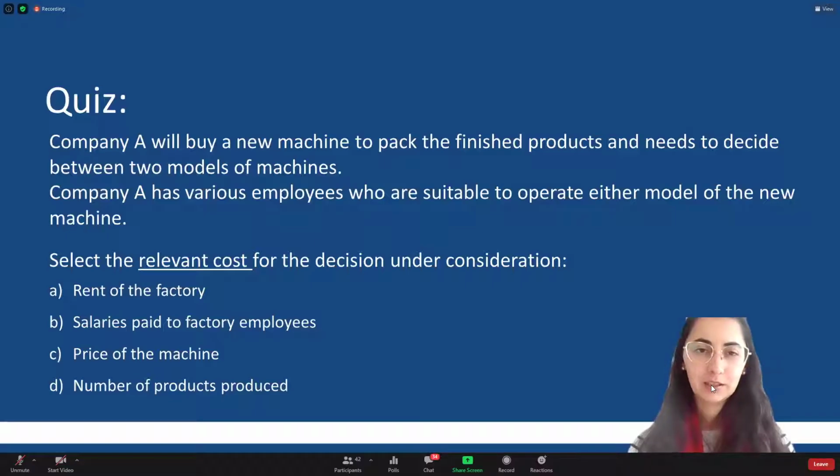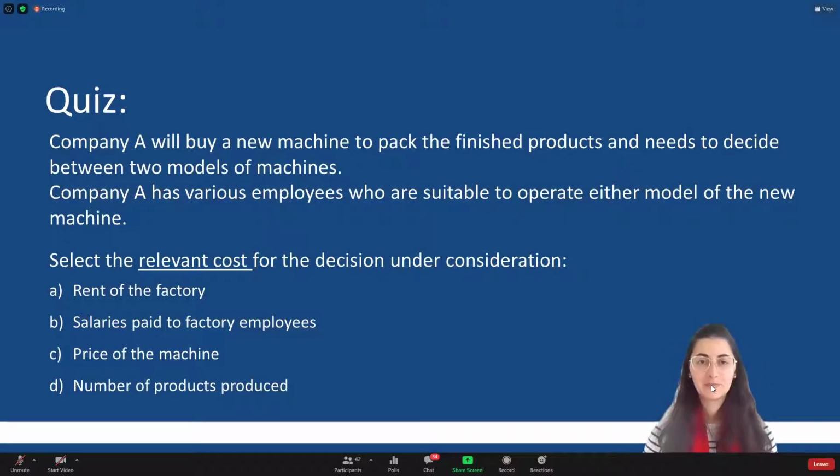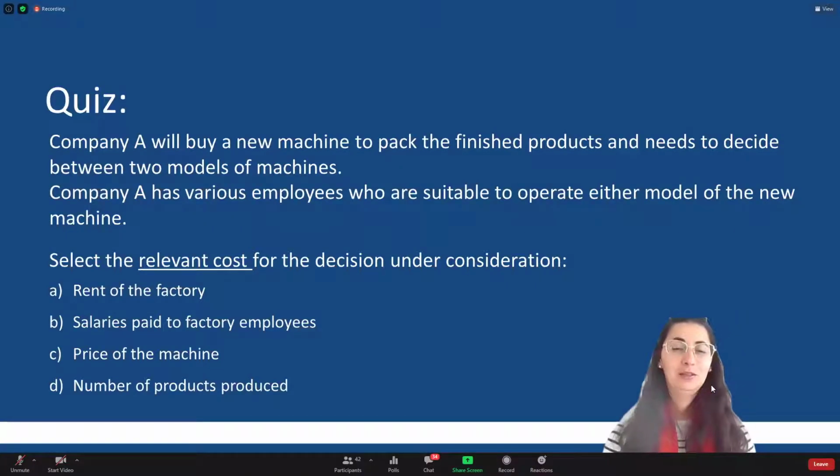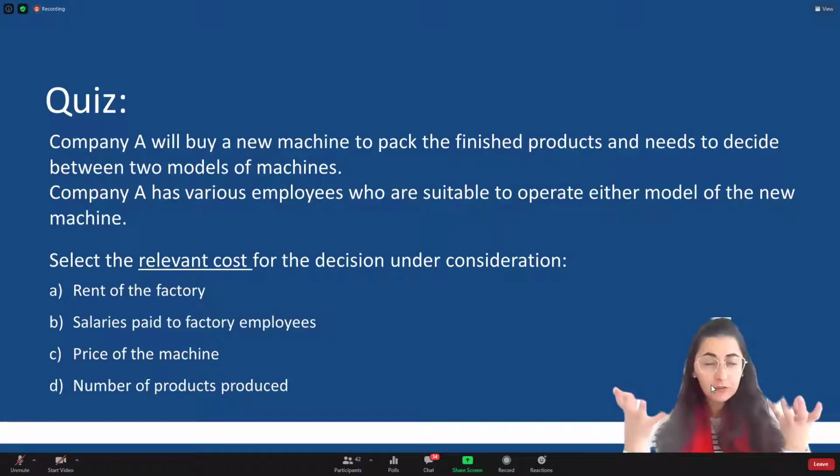I just had one question. The number of products produced, was that per machine, per model, or was that not the question? This is a very good question, because if we think about this option, number of products produced, is it the capacity of the machine? How many units each machine can produce?